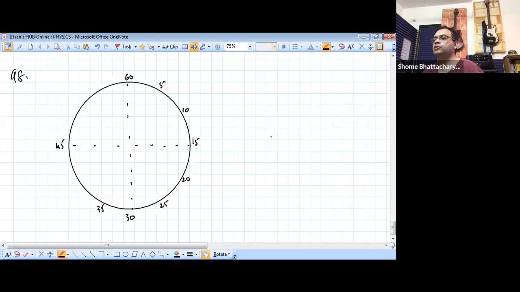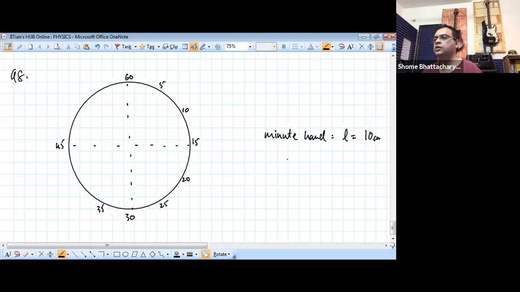That is what has been asked in this question. Okay. You have to find, so it's given to us that the minute hand of the clock has a length of, how much is it given? 10 centimeters. Okay.